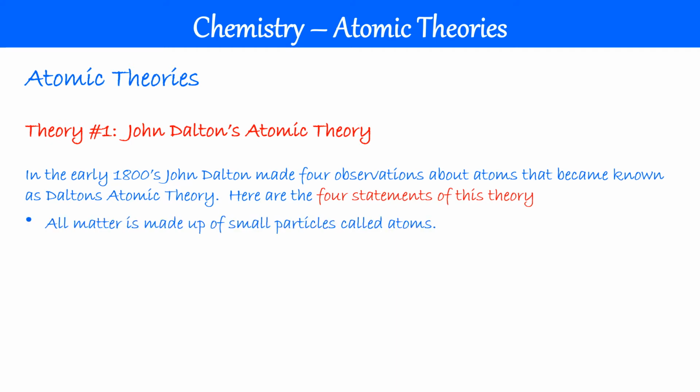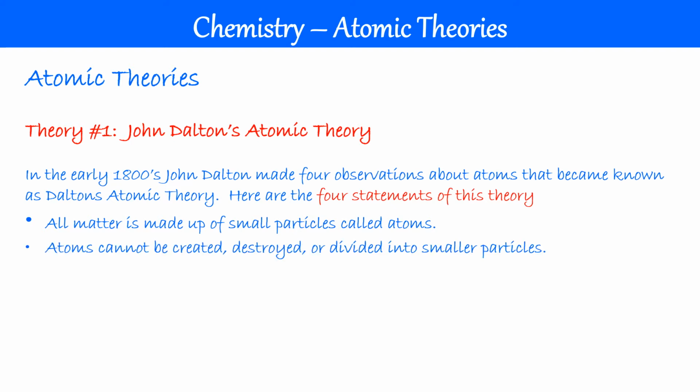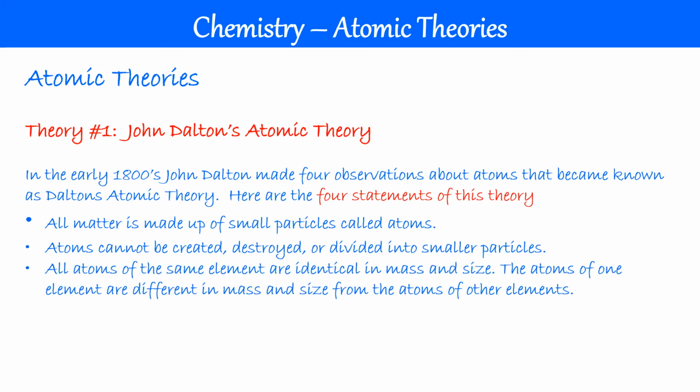All matter is made up of small particles called atoms. Atoms cannot be created, destroyed, or divided into smaller particles. All atoms of the same element are identical in mass and size.